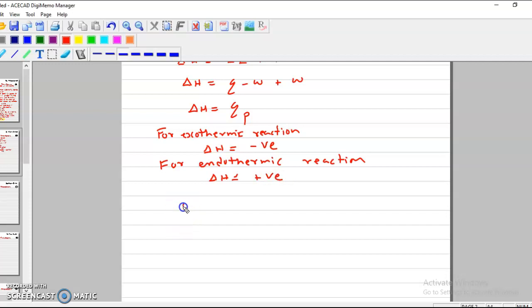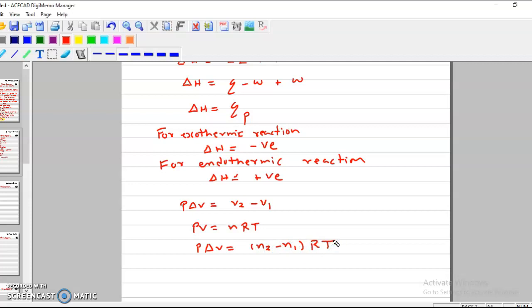Now we know that P delta V is equal to P times V2 minus V1, and PV is equal to nRT. Now number of moles is related to volume, therefore we can write P delta V is equal to N2 minus N1 RT.